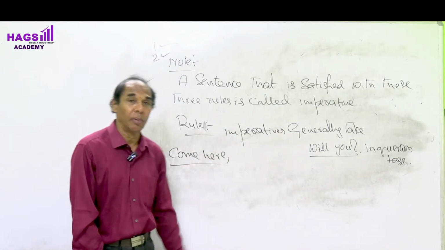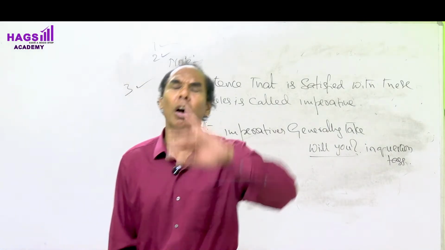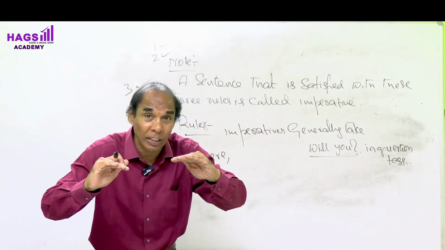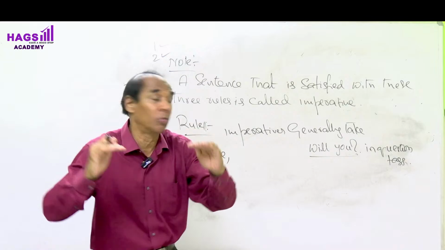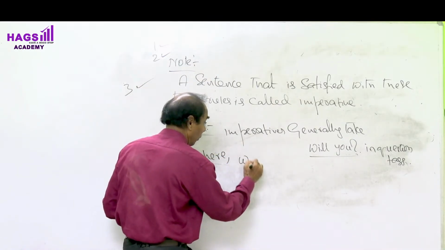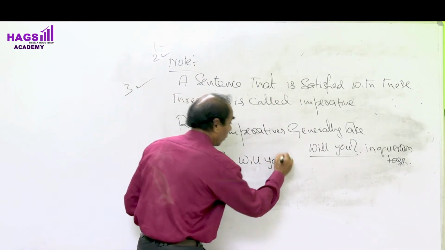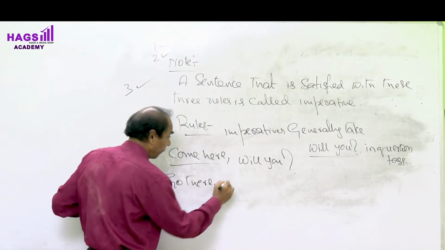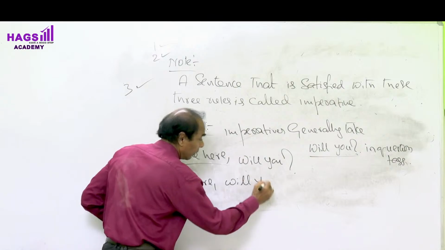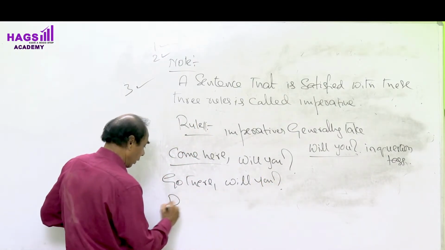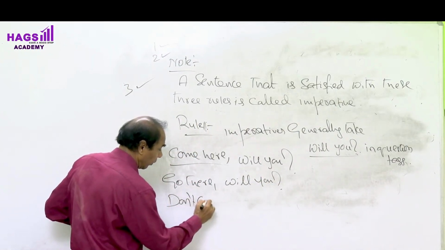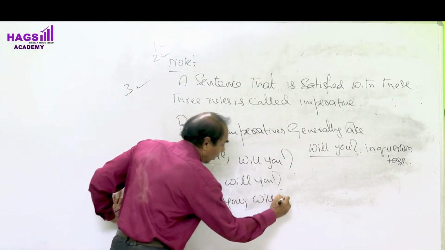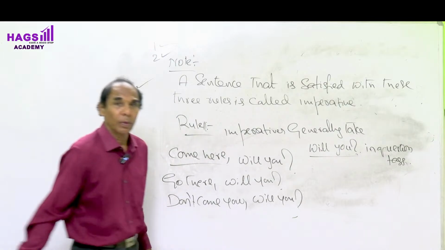In the case of imperatives, whether positive or negative, we commonly use the question tag will you. Similarly, go there, will you? Don't come here, negative, will you? That's it. Note down.